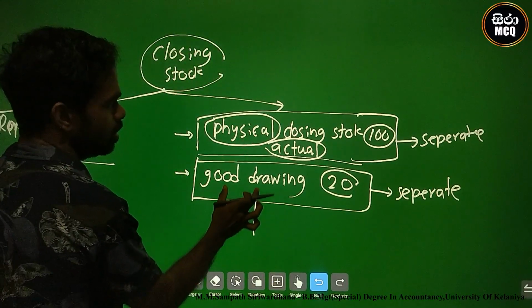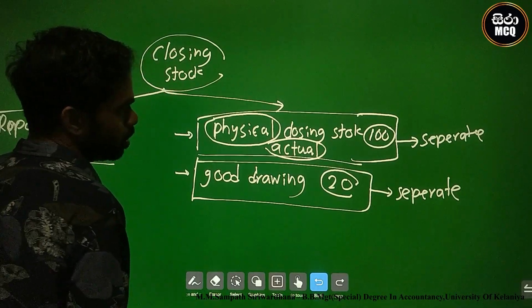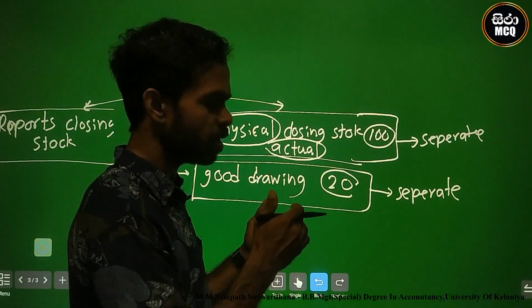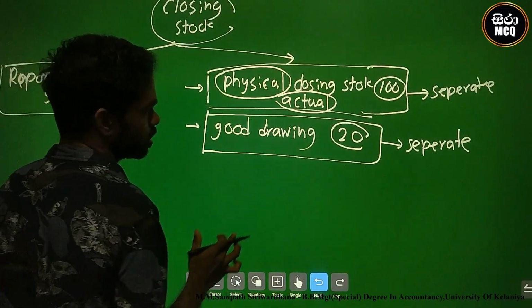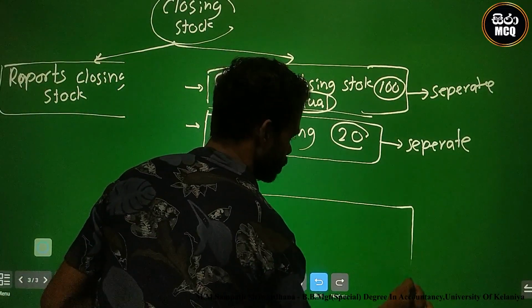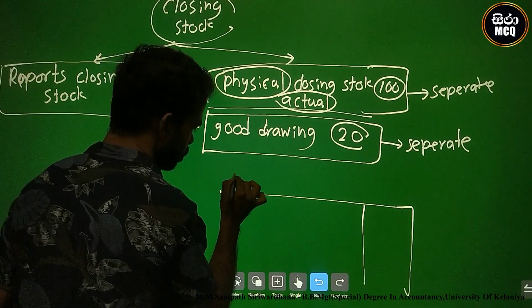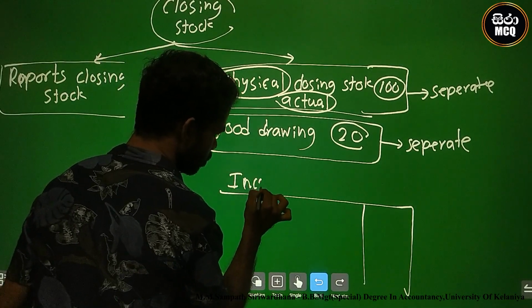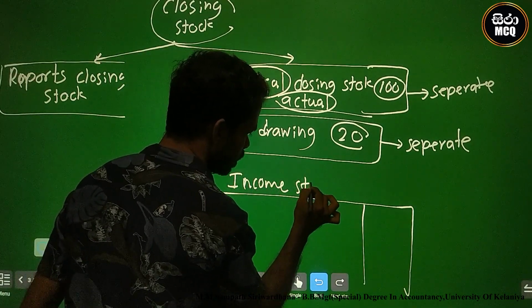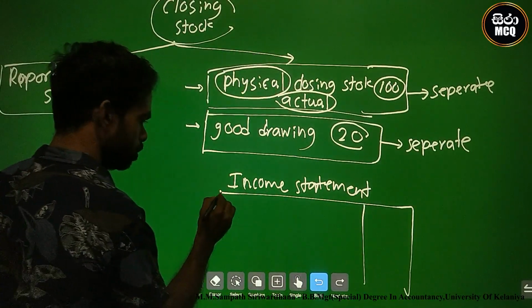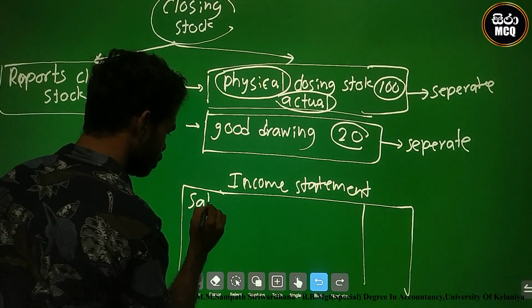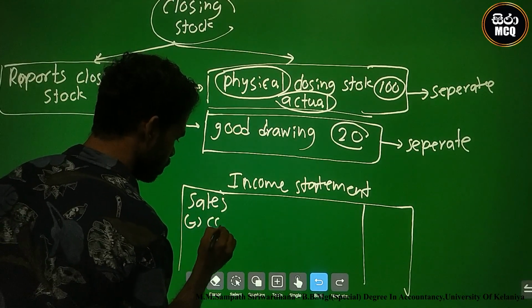At this time, what are the destinations of these? What is the income statement destination? Income statements, you know, sales, cost of sales.